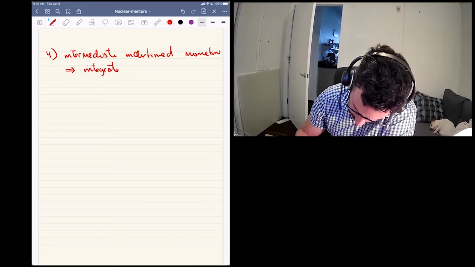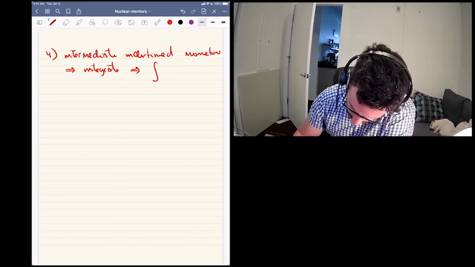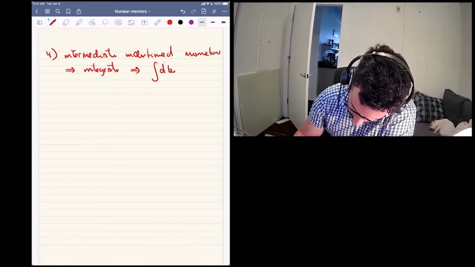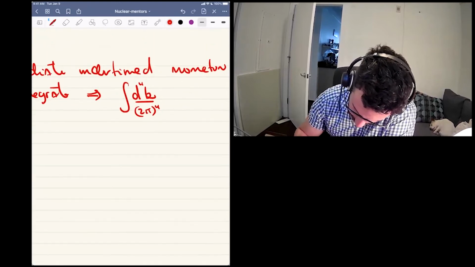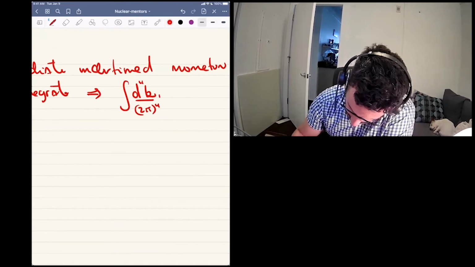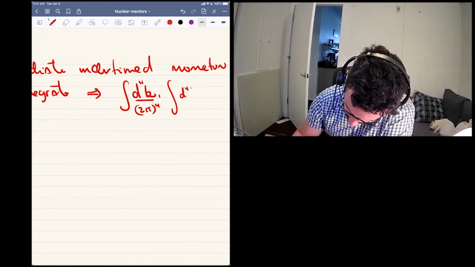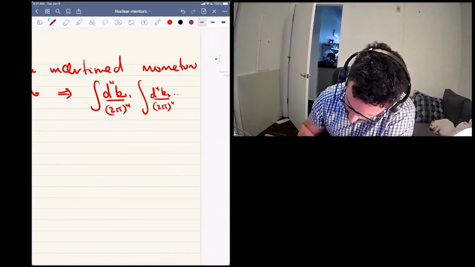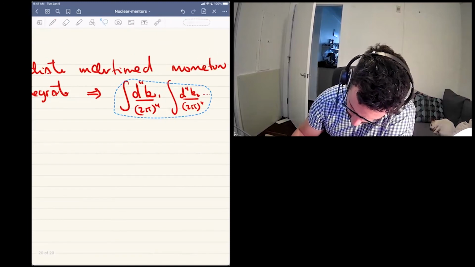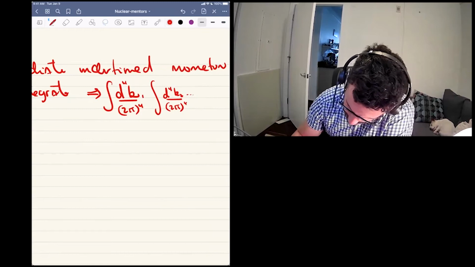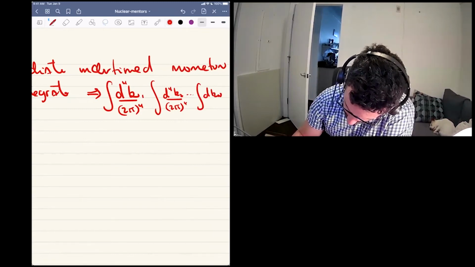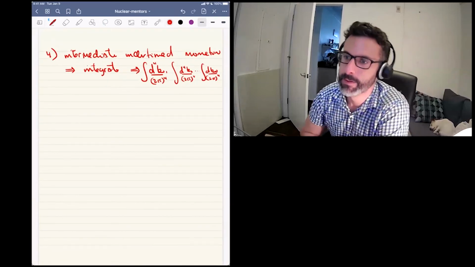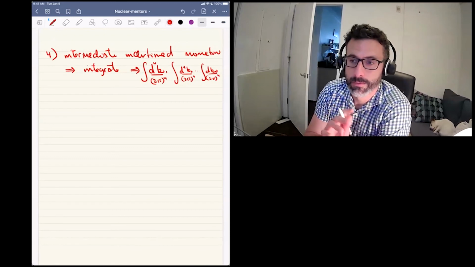So you'll be integrating over it, something like this for each intermediate momentum. So this could be, let's say, d^4 k1, d^4 k2. There are these pesky factors of 2 pi to the 4th that are important. And then in general, you can have any number of intermediate momenta to integrate. Okay. I'm almost done. I have one more.